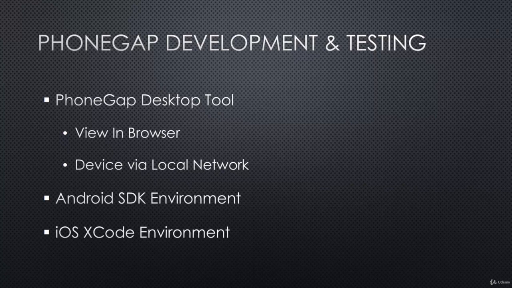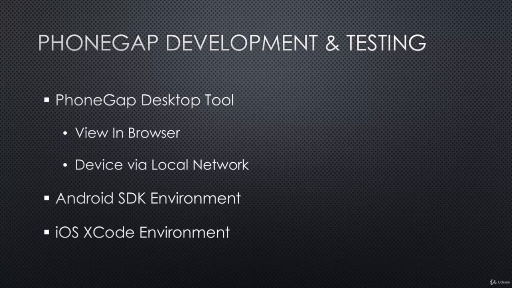Alright, now you can use the desktop browser to test basic look and feel of the application, but if you want to interact with the actual device using the API, then you need to set up the Android SDK for Android, and then the iOS Xcode environment for OS X. Now you can't test an iOS application directly from a Windows machine.